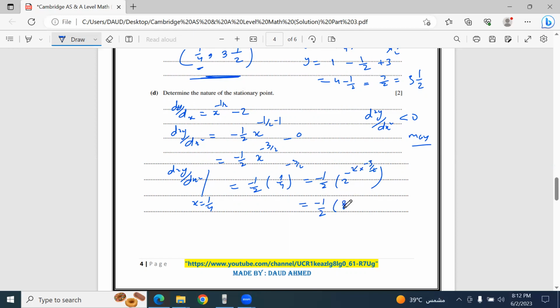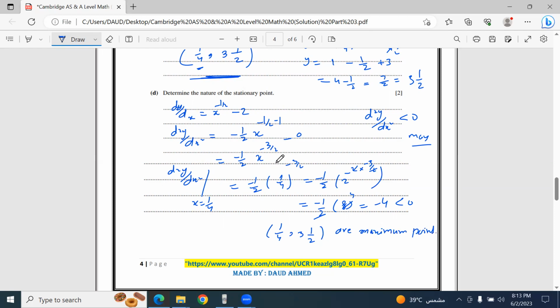So 2 power 3 gives me 8. So I'm getting minus 4, which is less than 0. It means the given point 1 over 4, 3 1 over 2 is a maximum point. I hope you get it.